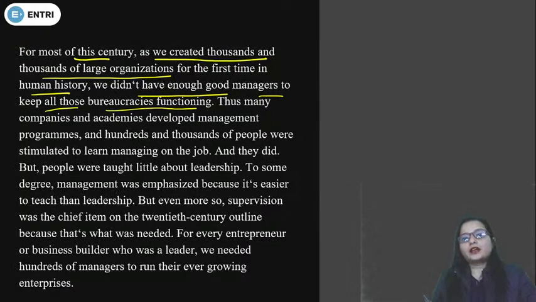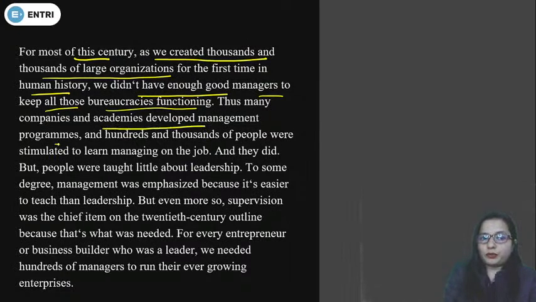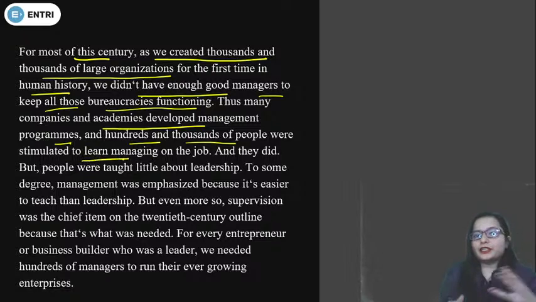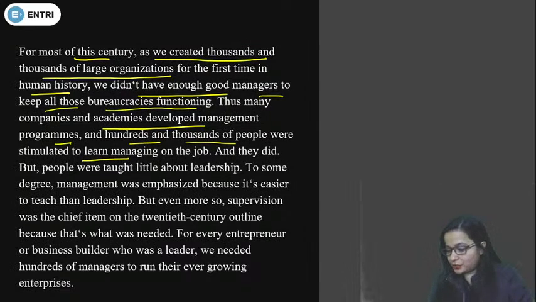Thus many companies and academics developed management programs, and hundreds and thousands of people were stimulated to learn managing on the job. I'll give you some time. Read the passage.